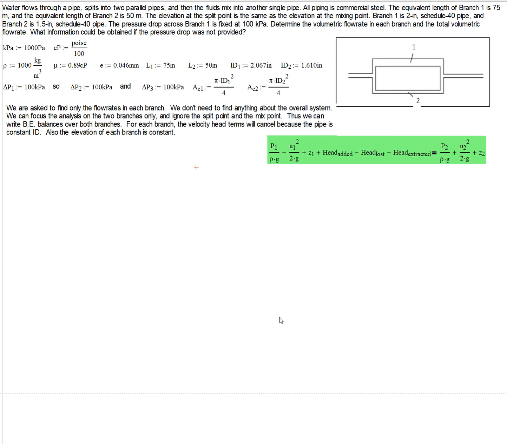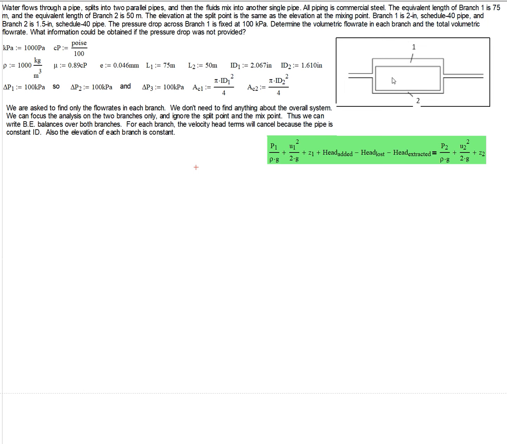What this problem is going to illustrate is how to apply the Bernoulli equation to a system where you have, for example, a network of pipes. Because we do not have a perfect split, in that we have different diameters for branch 1 and 2, we also have different lengths for branch 1 and 2.